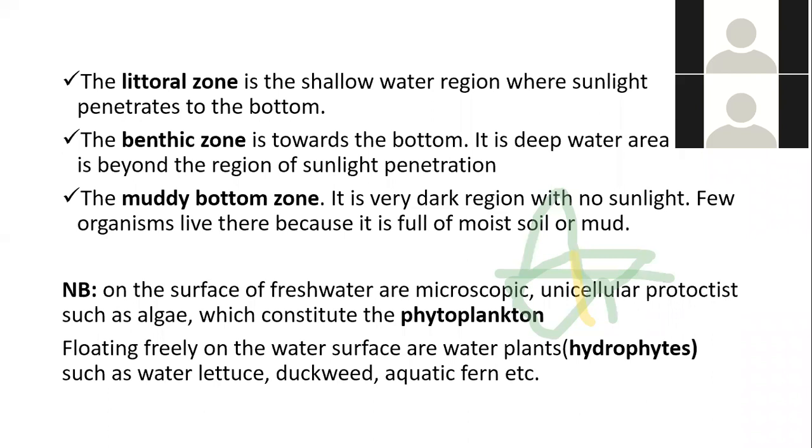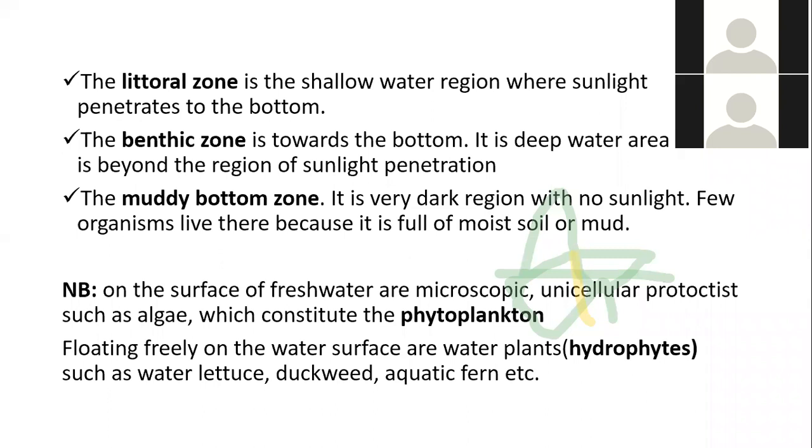Okay, I'll try the muddy bottom zone. It is the very dark region with no sunlight. At this point in the freshwater body, there's no sunlight penetration. Only a few organisms are found here because it's full of moist soil and mud.